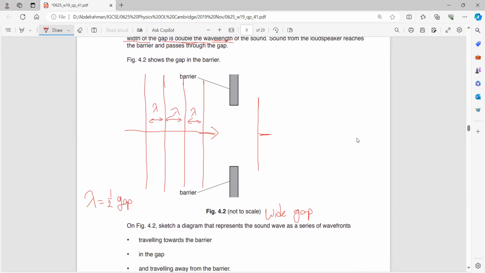The distance remains the same, and we draw a longer wave front, and an even longer wave front.